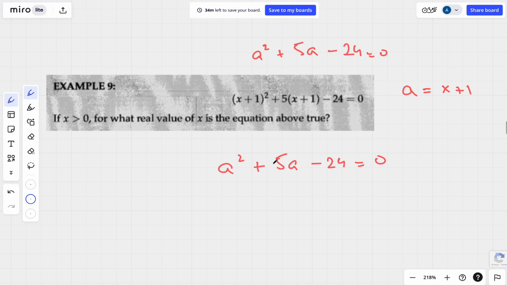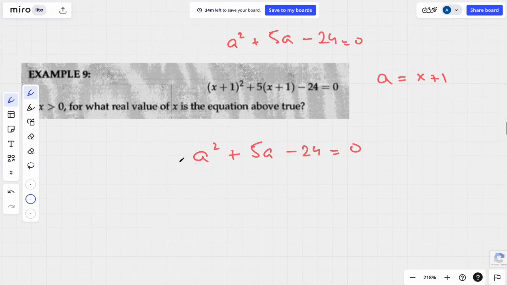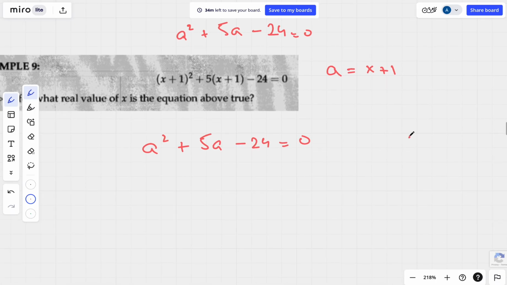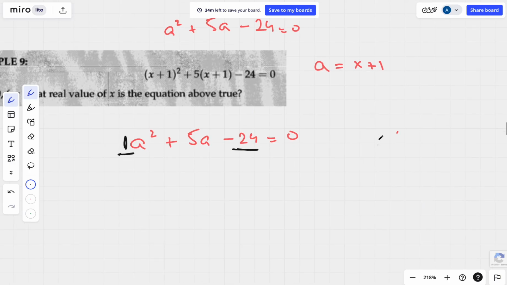To solve this, we'll use middle term breaking. Now, I need to find the product of a and c. So I need to find the product of the coefficient of a squared and this value. So 1 times 24 is 24. And I need to find two values that subtract to give 5.